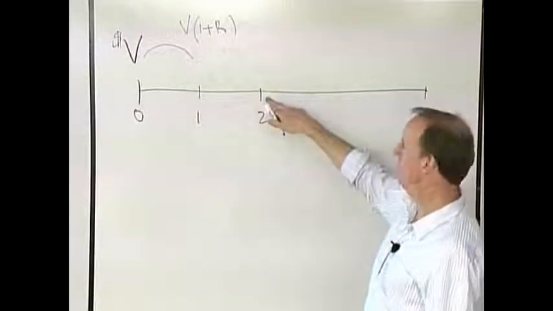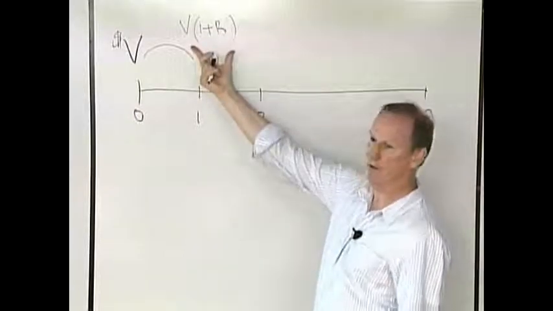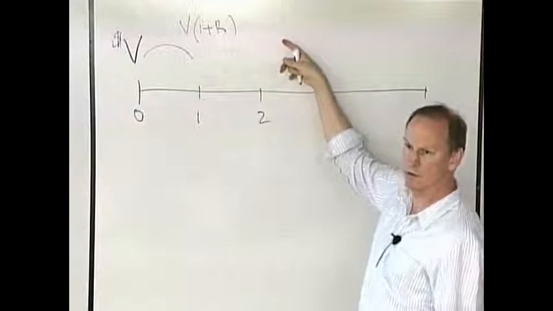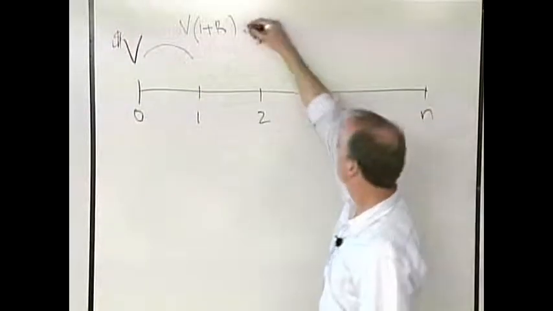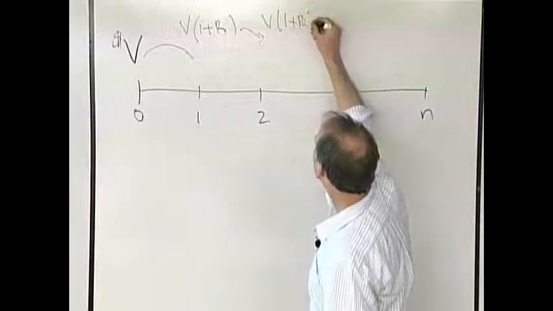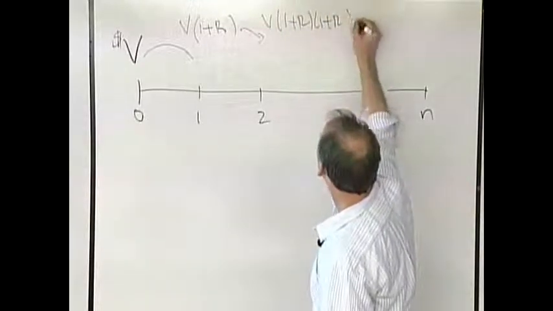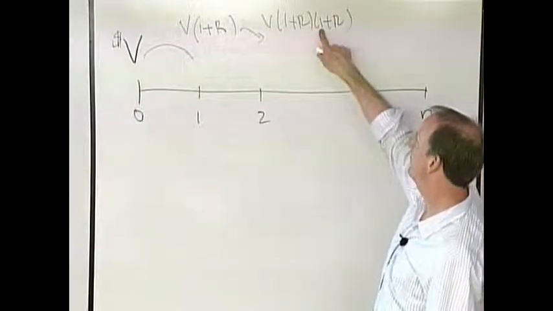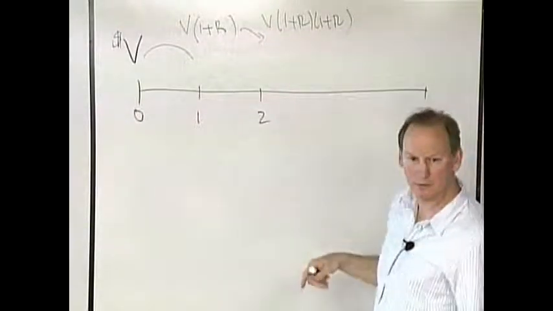So what happens after 2 time periods? Now we have an initial investment of V times 1 plus R. This grows to an amount after 2 years. You're going to get V times 1 plus R times 1 plus R. That's what you started with, and then you get your principal plus your interest.